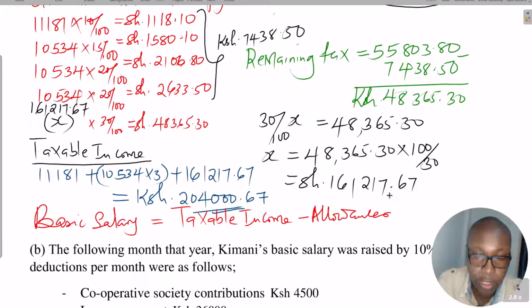Why do we do that? Because to obtain taxable income, we take the basic salary plus all the taxable allowances. So to get the basic salary, we take the taxable income minus all the allowances.